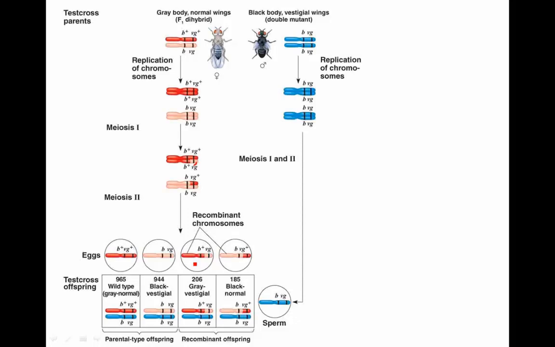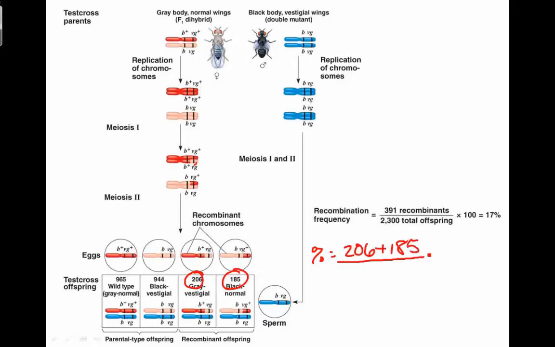Now we can calculate what's called a recombination frequency based on how many recombinant offspring we have and how many parental offspring we have. To calculate the recombination frequency, we're going to take the number of recombinants, and so our percent is going to be the number of recombinants, so we add up our 206 plus our 185.